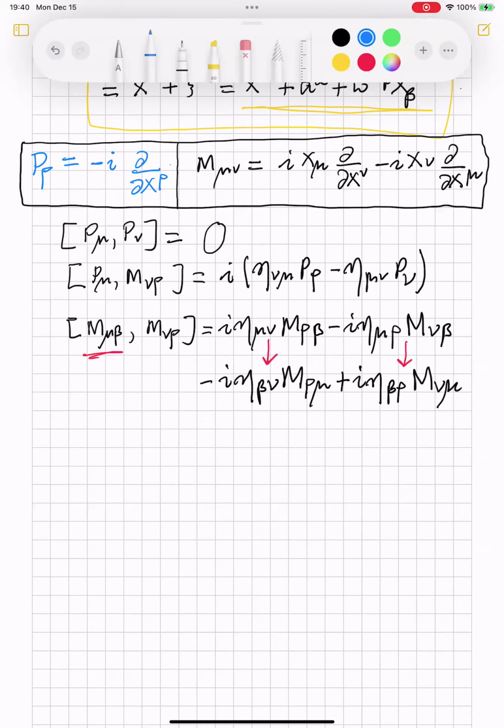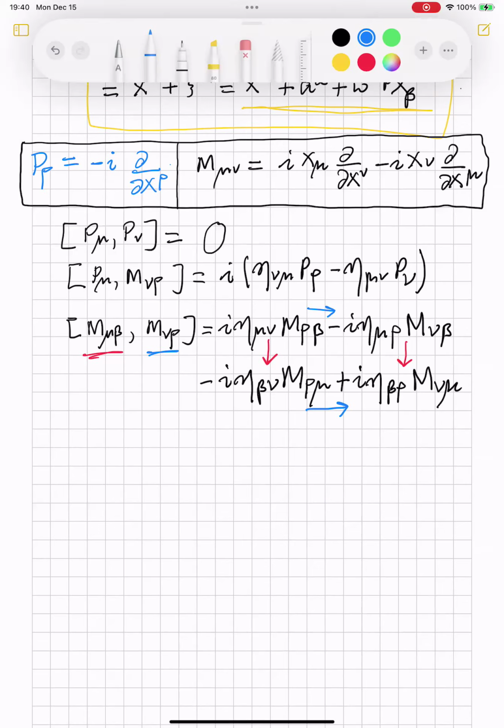Then from this term sitting over here, it should be antisymmetric in nu and rho. And you can see if I go from the first term to the second term, in this way, I go from mu nu to mu rho, and m rho beta to m nu beta. So that's just swapping rho and nu, and indeed there's a sign change. And in the same way, if I go in this direction, I'm just swapping rho and nu, and again, there's a sign change.